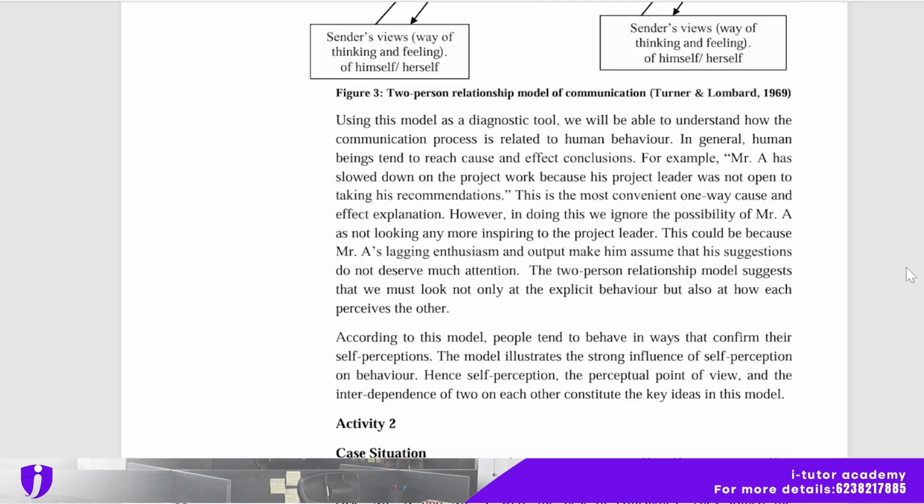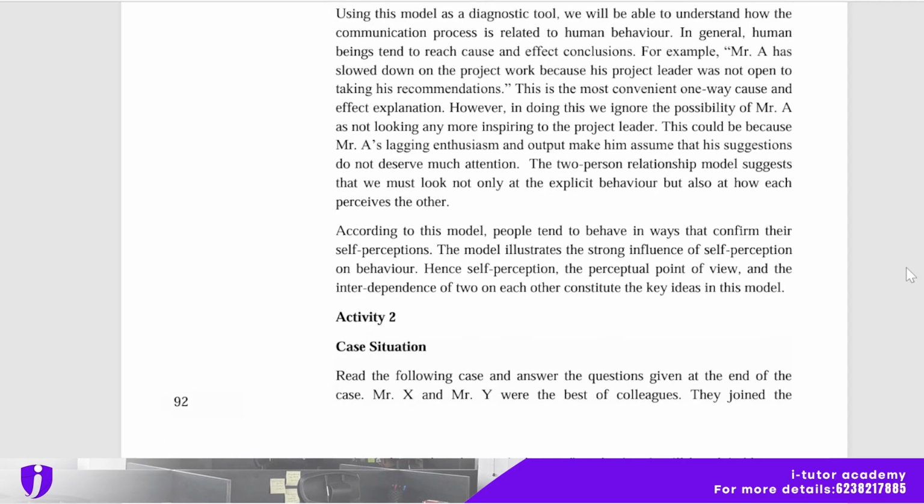This is the most convenient one-way cause and effect explanation. However, in doing this, we ignore the possibility of Mr. A not looking for any more inspiration from the project leader. And this could be because Mr. A's lagging enthusiasm and output make him assume that his suggestions do not deserve much attention.